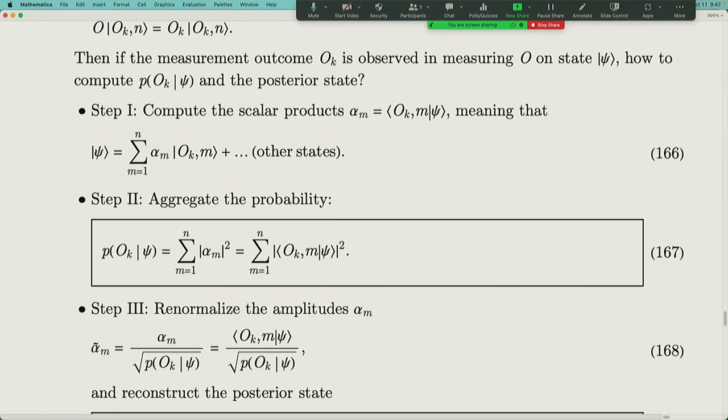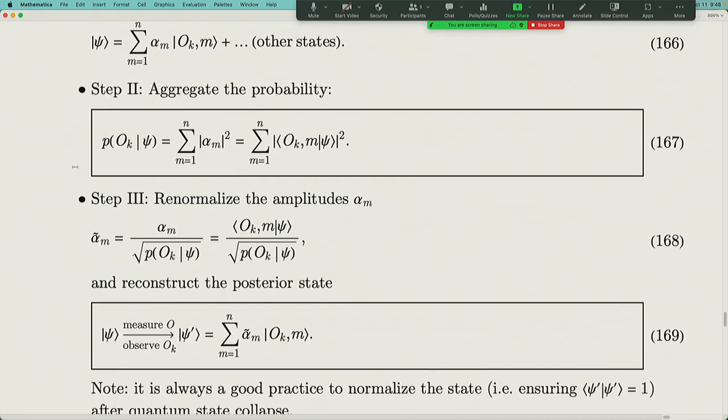And the third step is that the state will do what? After observing this eigenvalue, it will collapse to the projection of the state in the subspace, which is given by this formula: summing with the alpha m coefficients to combine all these eigenvectors in the subspace. This alpha m, I put a tilde there.